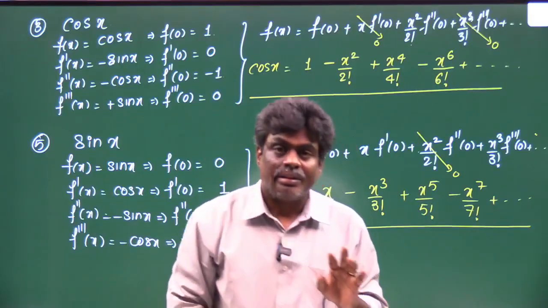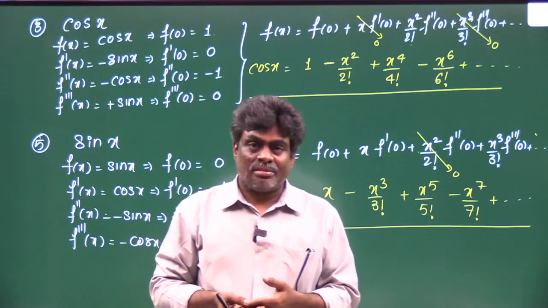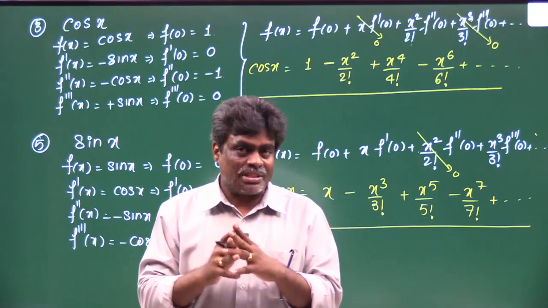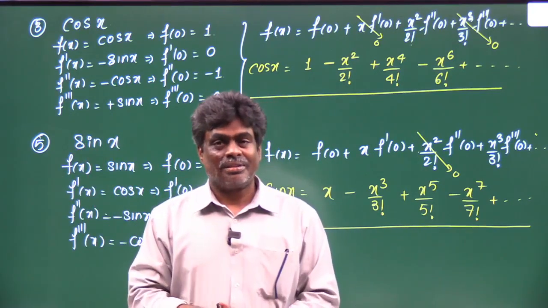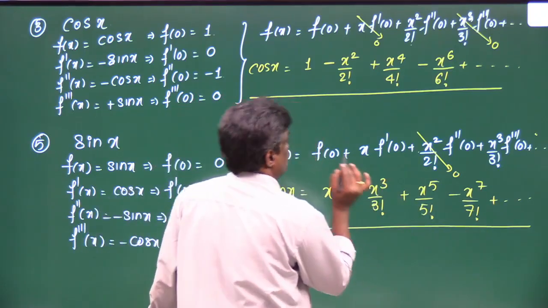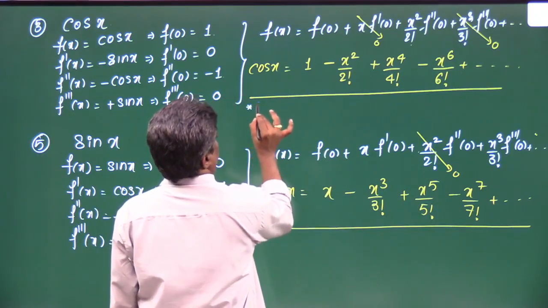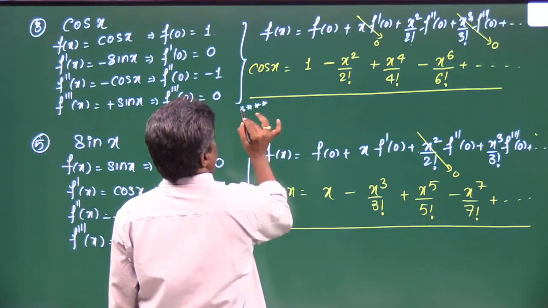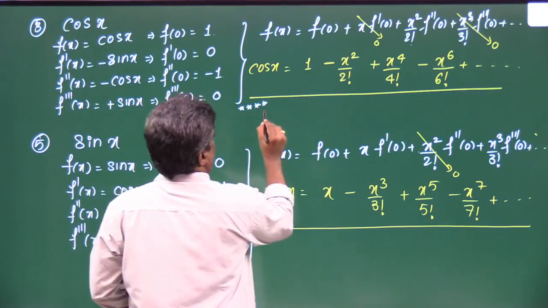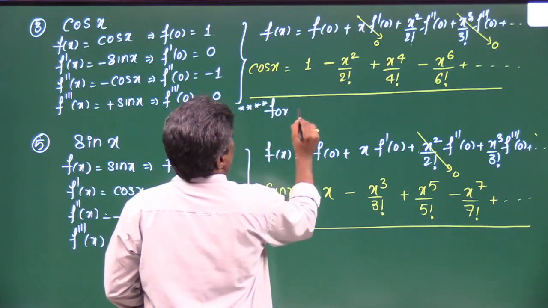Then only it is harmonic oscillation. If theta is very large, then it is not harmonic oscillation, it is anharmonic oscillation. Whenever we are discussing small oscillations, this is a very important concept we use in many areas of physics. So we will take small oscillations.